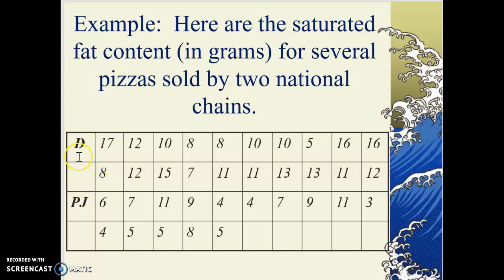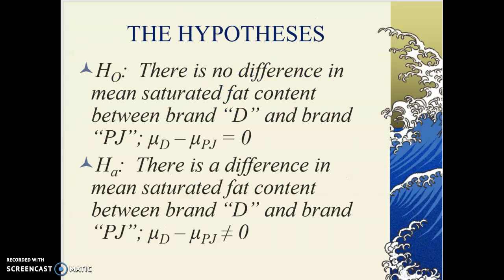So in my hypothesis, I'm going to start with D and subtract PJ for my work. I'd rather work with positive numbers than negative numbers. So our null hypothesis is that the difference in the mean for D and the mean for PJ is 0. The alternate hypothesis is that there is a difference, and I'm not going to presume to know which way it goes. I'll just say that it doesn't equal 0.